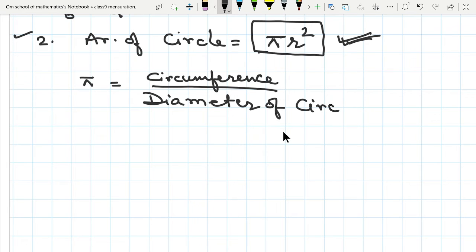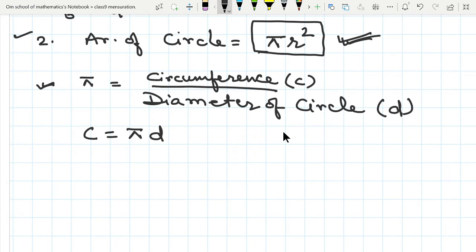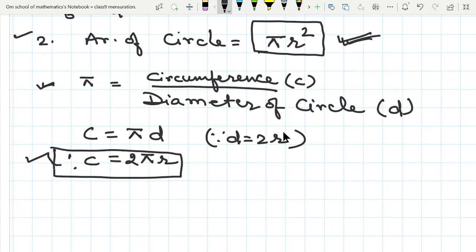So you can say circumference means C and diameter means D. So circumference is equal to pi into D. And as you know, D is equal to 2R, 2 times radius. So you can put this value and you get this formula: circumference of the circle will be 2 pi r. Clear?